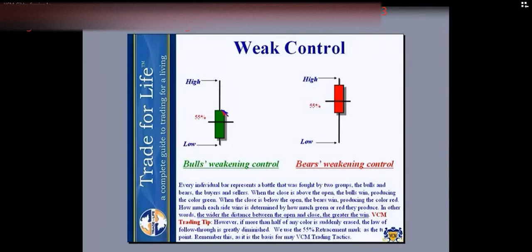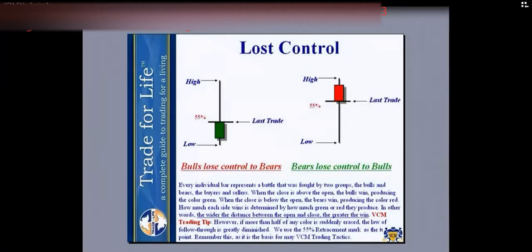And they started pushing, pushing, pushing, pushing. And they knocked a good portion of your color out. Okay? The bulls were getting pounded, and they said, no, this is it. We're going to fight back. And they start pushing, pushing, pushing. Okay? So yes, the bears are still here. The bulls are here. But they're not as convincing. They're not up here solid. It's weak control. All right?